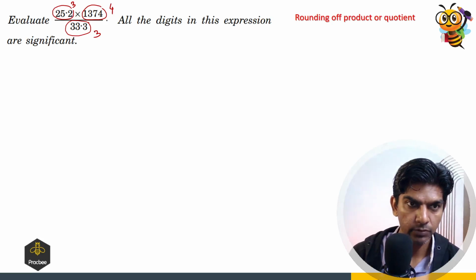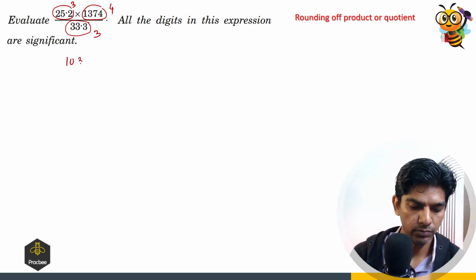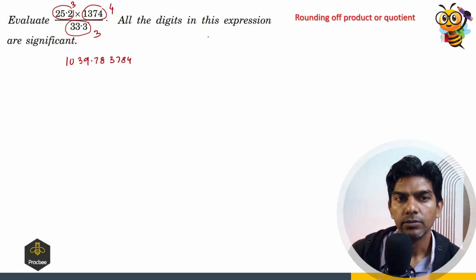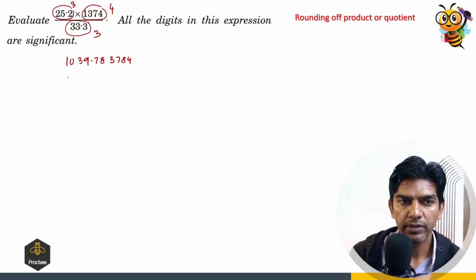Sorry, let me calculate again. 25.2 times 1374 divided by 33.3 will give us 1039.783784. Suppose we are getting this as the answer. Now we have to round this up to 3 significant figures. So that will be 1040. So that should be the answer.